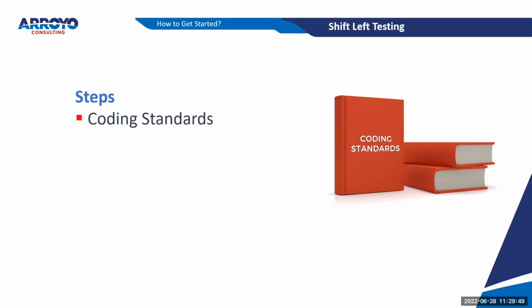So the idea with coding standards is to create the same code, no matter who writes it. How can we do that? We can implement clean code techniques, refactoring techniques, SOLID principles, and everything related so the code is maintainable and readable.